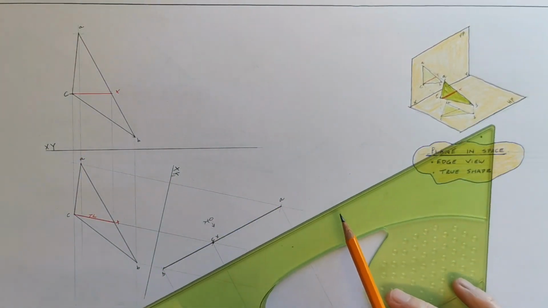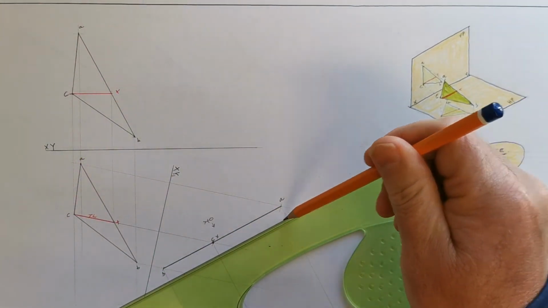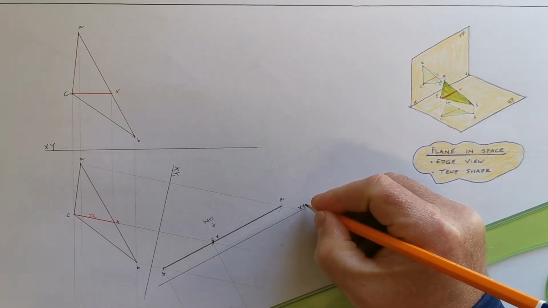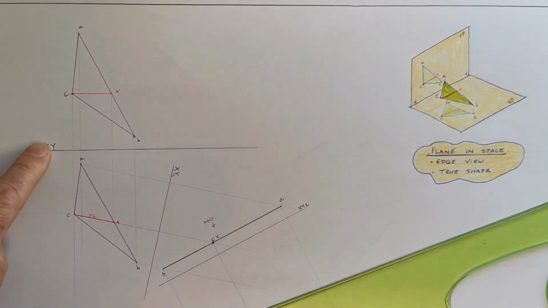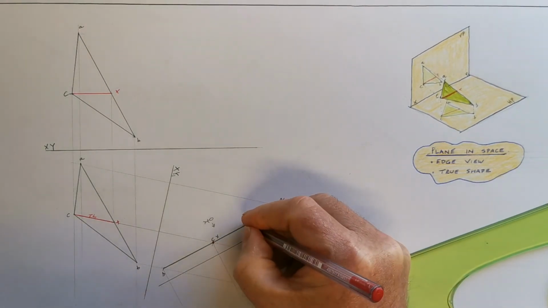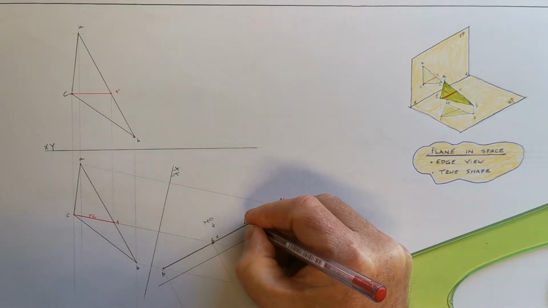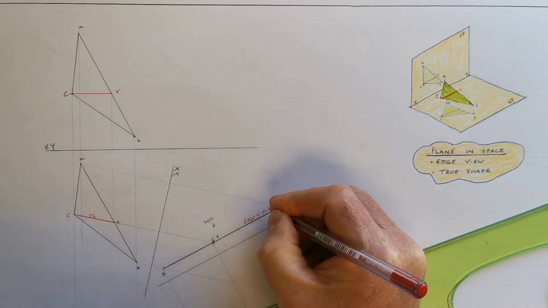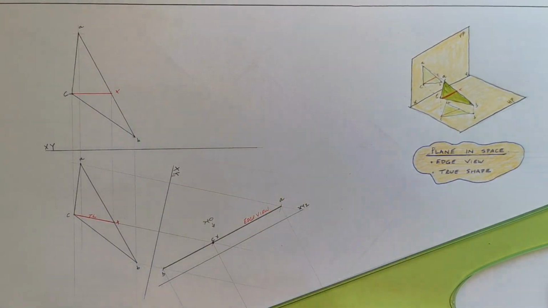I'm going to put in another XY line here anywhere. So this is my XY line, XY1, XY2. So again, same rules apply. I'm projecting from this edge view, which I'm going to label actually. So that there's our edge view.